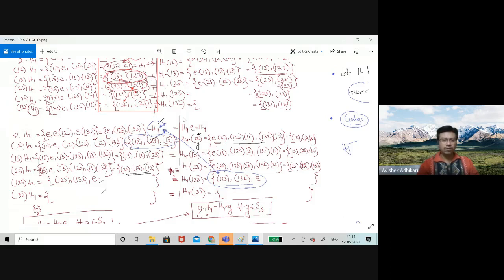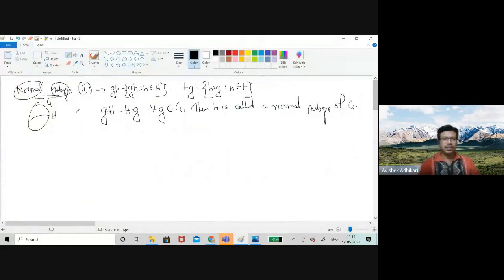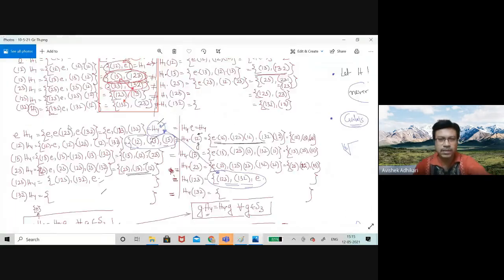Similarly, (1 2)H4 is the same as H4(1 2), and so on. So for all left cosets and right cosets for a particular element, they coincide as a set. So this group has the property gH4 equals H4g for all g belonging to S3. As a result, we can very easily say that this group is a normal subgroup.